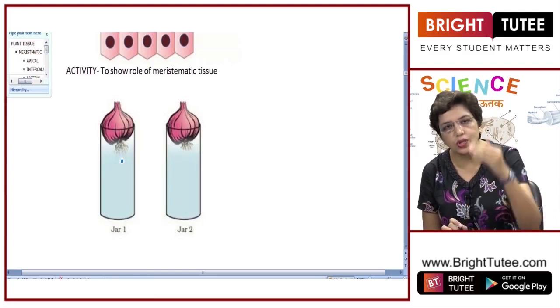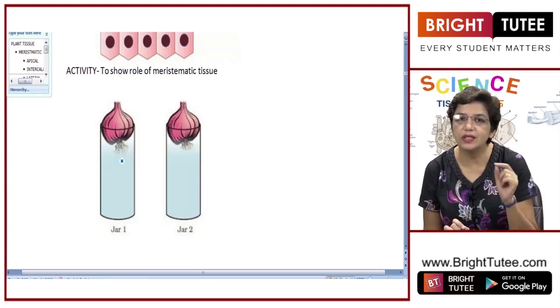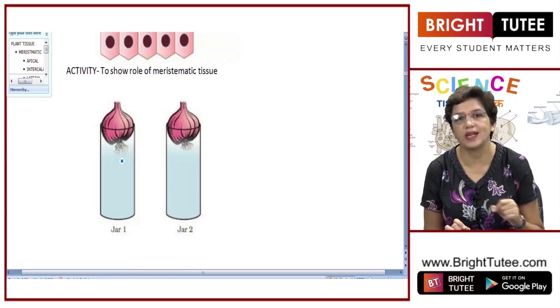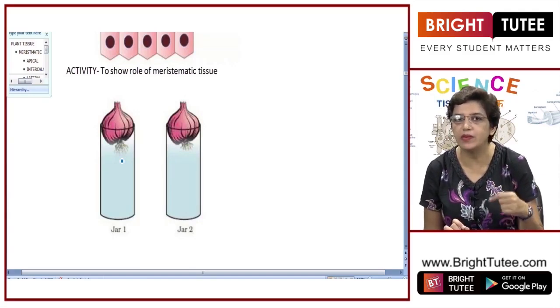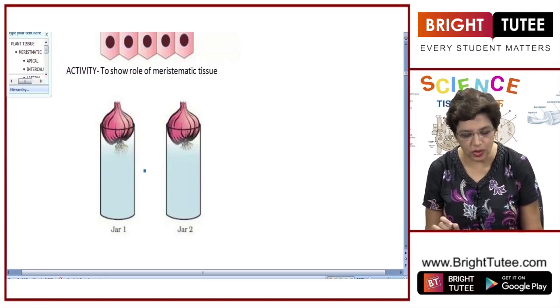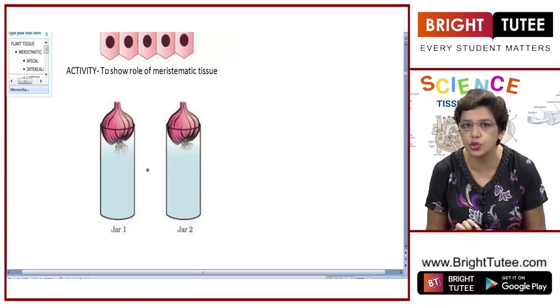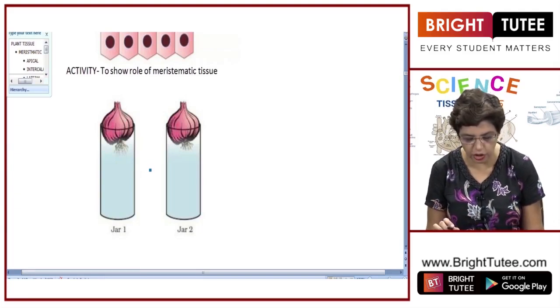But in jar 2, the length will keep on growing. Why does this happen? Because the tips of the root contain the meristematic tissue, which was helping the root to increase in size. This activity helps us to show the role of meristematic tissue.